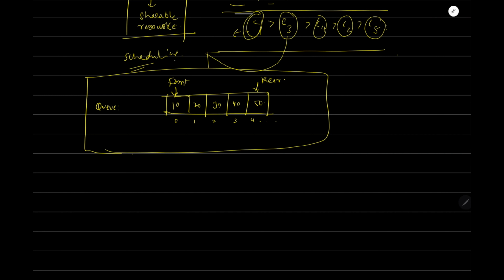We also need to understand that only from the front can deletion happen. So delete will be from here, and insert will be from here. Deleting from the front is known as DQ, or dequeue. The DQ function is similar to pop. Inserting at the rear is known as NQ. It is like the push technique in the stack.